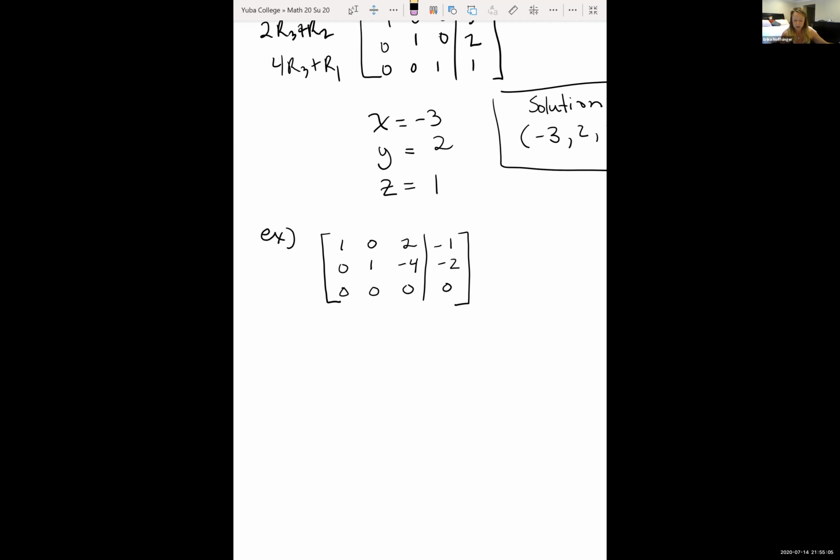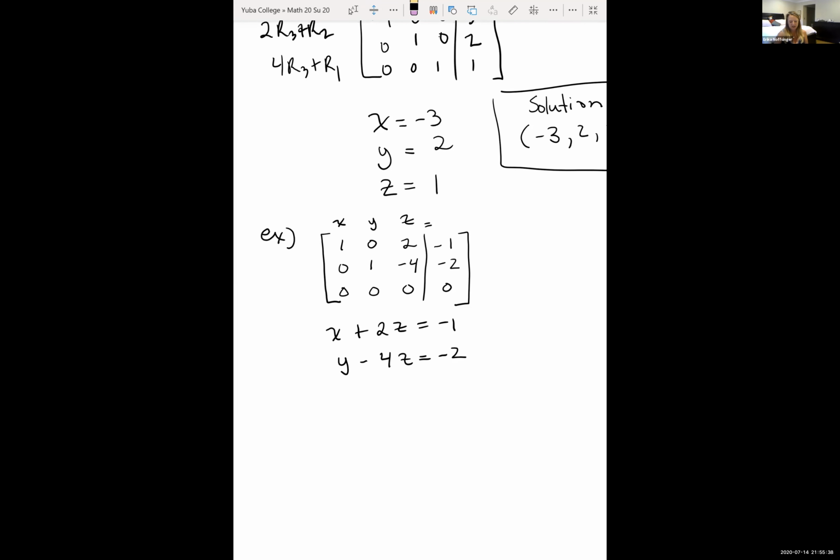So let's go back and rewrite what each row is in terms of equations. This first row would be our x column, y column, z column, and this is what it's equal to. So our first row would be x plus 2z equals -1. And then our second row would be y minus 4z equals -2. So we want to rewrite each variable in terms of one other variable.